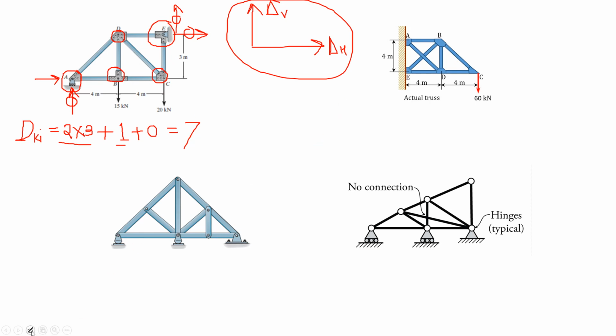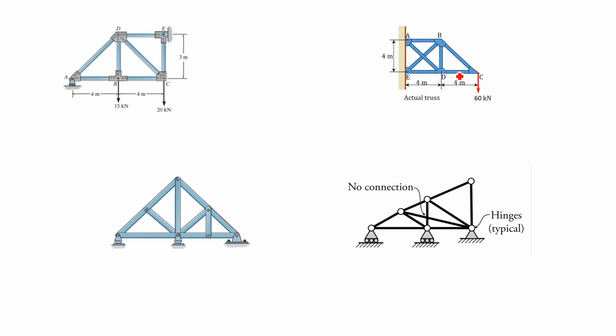Similarly, if you look at the cantilever truss which is shown here, support is provided at A and E. Since it is a fixed support, there is no displacement at A and B. So the remaining joints are B, D and C. At B, D and C, at each joint there are 2 unknowns, horizontal displacement and vertical displacement.